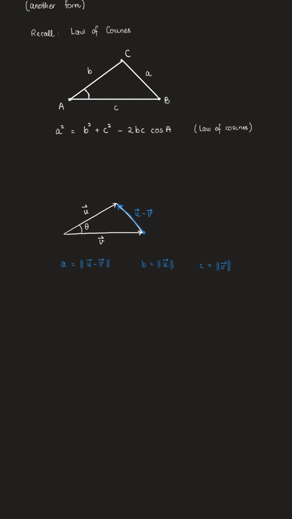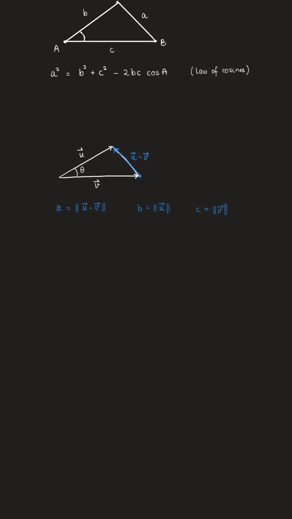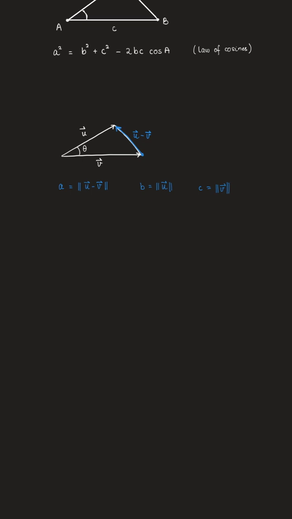And so applying the law of cosines here, we get that the magnitude of u minus v squared, like side a, will be equal to the magnitude of u squared plus the magnitude of v squared minus 2 times the magnitude of u times the magnitude of v times the cosine of the angle between u and v, which we're calling angle theta.